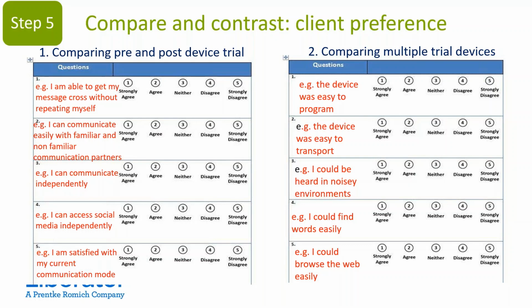You might wish to compare the client's or the carer's feelings about their communicative competency before they had the device and then after they used it, so a pre and post measure. Or you might wish to compare their competency across different communication devices, potentially a score of their satisfaction between different devices as well. And then you can include this at the end of your NDIS AT application.